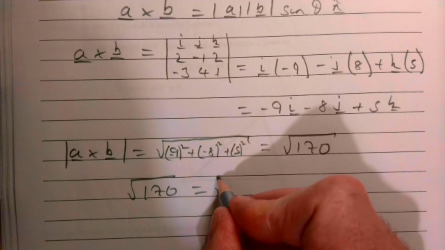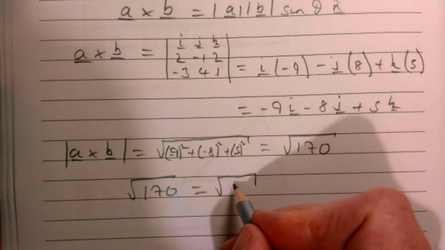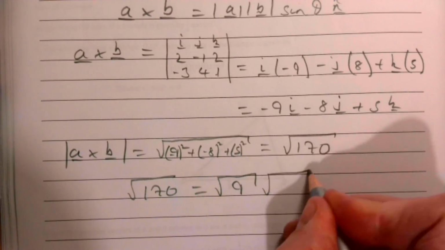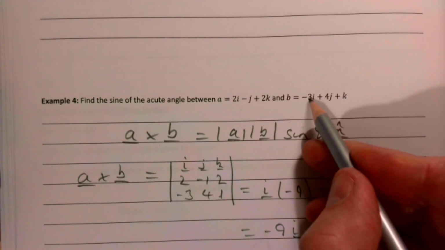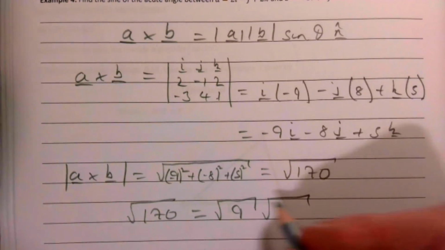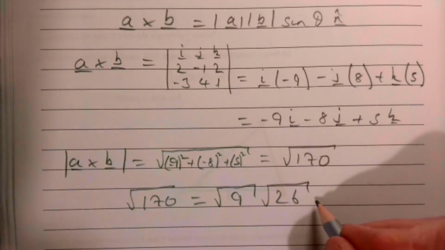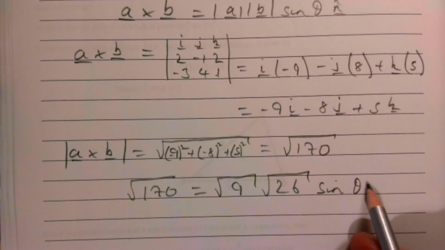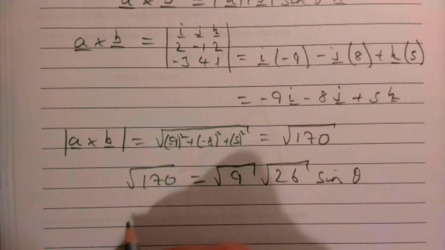We can do that, can't we? So it's 4 plus 1 plus 4, so it is the square root of 9. Then our other one is 3, 4 and 1. Obviously it's a minus 3, but it doesn't make any difference. You're 9 plus 16, so it's going to be the square root of 26, times your sine theta. And because our n is a unit vector, we can just take that to be a 1. So we're quite close.